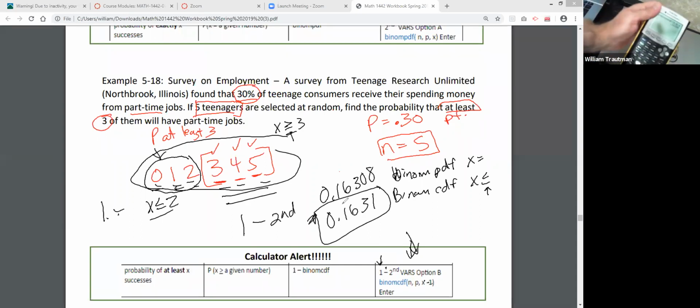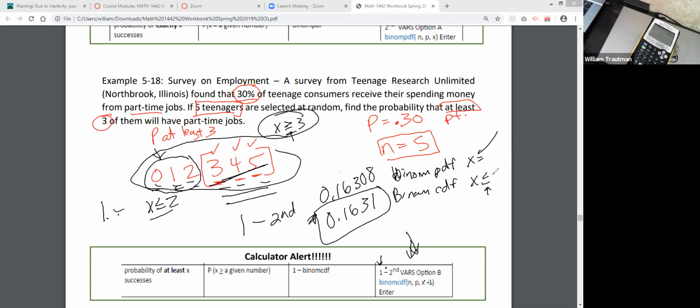That's the answer. So at least 3 means 1 minus the probability of 2, because your calculator cannot do greater than. Your calculator can only do equals or less than or equal to. So we do the whole thing, 1 minus this, and that tells us what this part equals, which is what we're looking for.